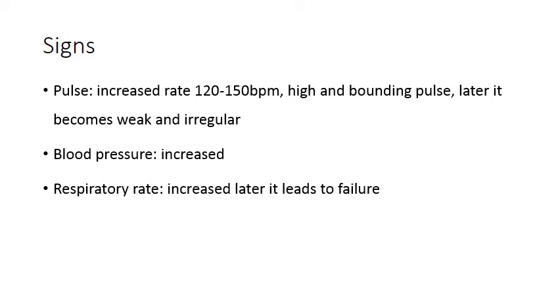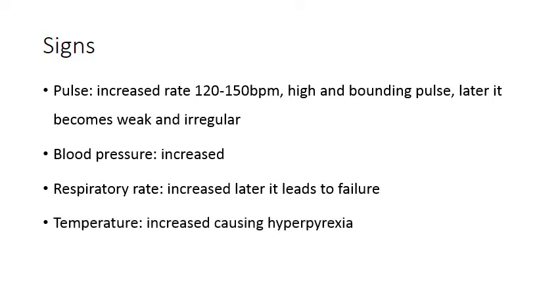Likewise, even the blood pressure is increased. Temperature of the body is increased, causing hyperpyrexia. Muscle tone and reflexes are also increased. So these are the signs that you notice in a person who is being poisoned by Datura alkaloids.